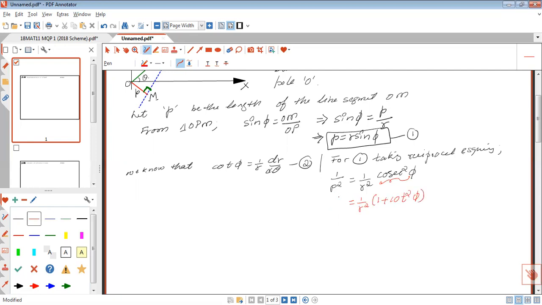By the trigonometric identity, cosec square phi is 1 plus cot square phi. So 1 by p square will be 1 by r square times (1 plus cot square phi).